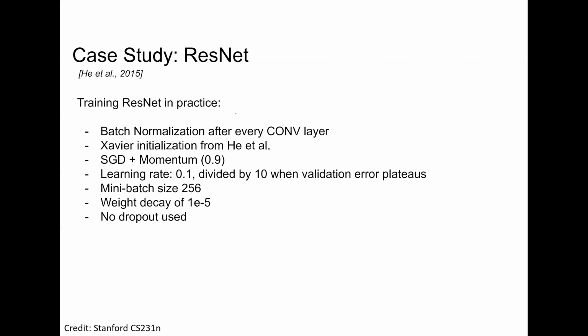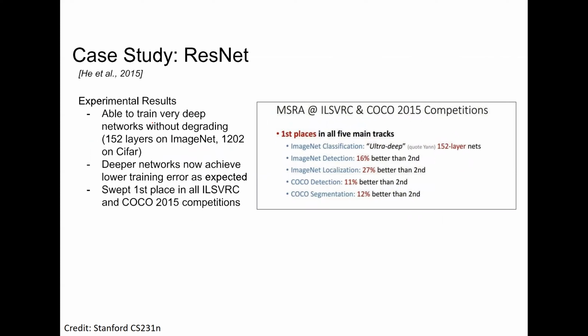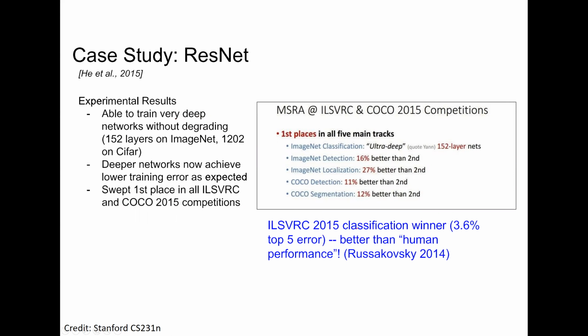Okay, in training ResNet in practice, they employed batch normalization and Xavier initialization. And they no longer use dropout, because if you use batch normalization, you don't need to use dropout. And they use a bigger batch size. They were able to train very deep networks without degrading the performance, and swept first place in all ImageNet and COCO 2015 competitions, with better than human performance for the first time.